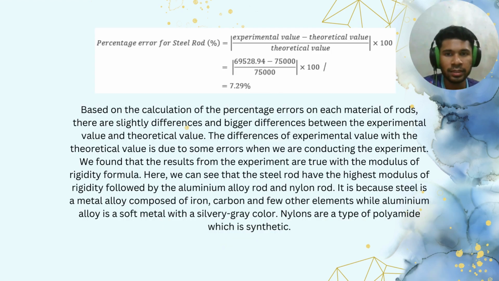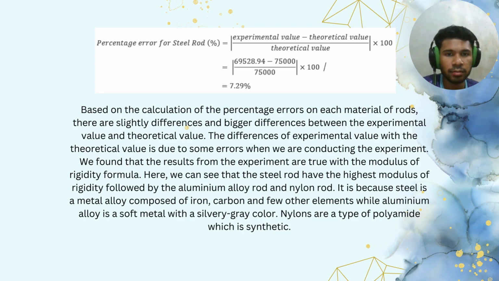Next, the percentage error for steel rod is equal to 7.29%.